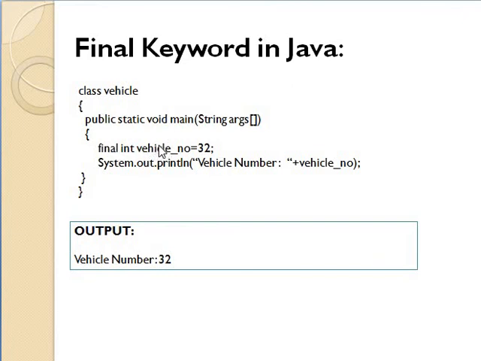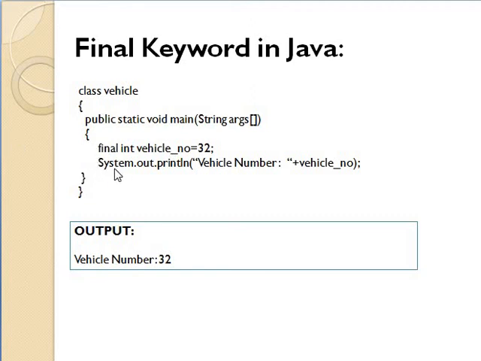Now that this variable has been declared as final, the value 32 that gets assigned to this variable has now become a constant value. And once it has become a constant value, that value cannot be changed for this variable called vehicle no.